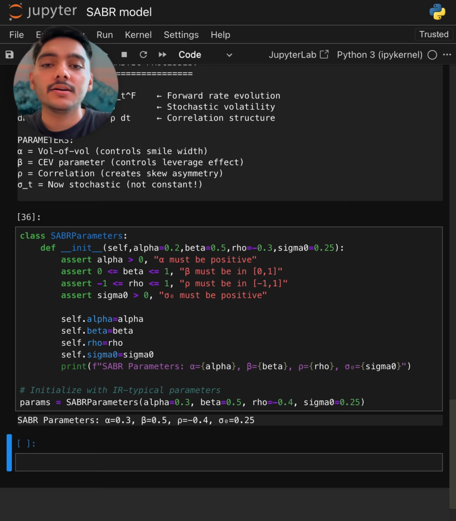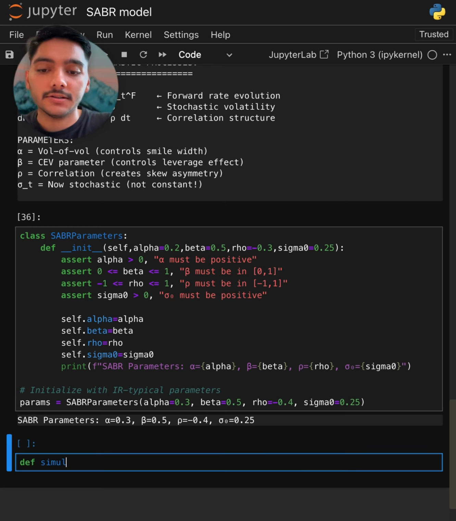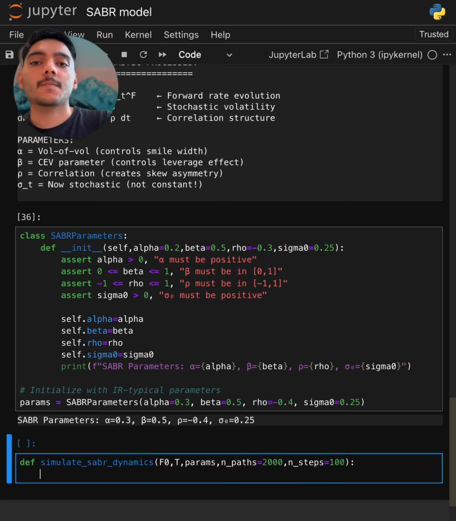So let me write the function def simulate SABR dynamics, with n paths equal to 2000 and n steps equal to 100.